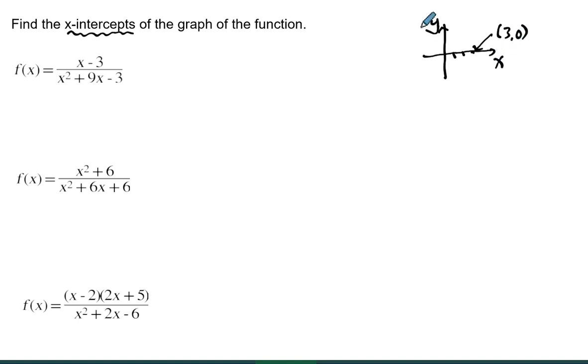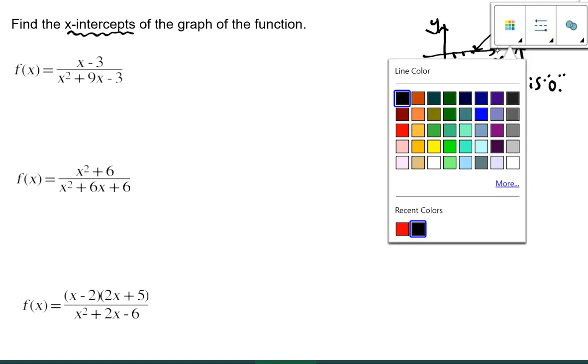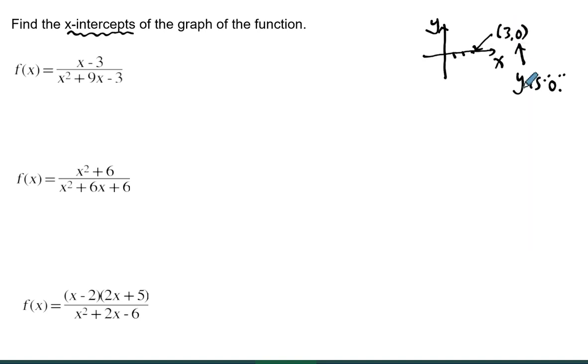So for x-intercept here, y is 0. Okay, that's a very important thing. So then you want to find the x value here, which makes y 0. This is our value y. You want to find x.